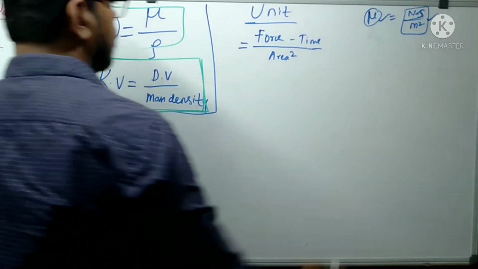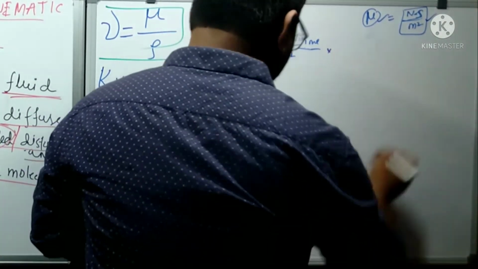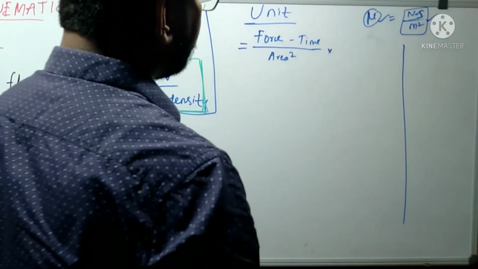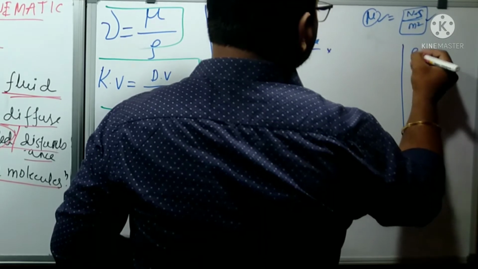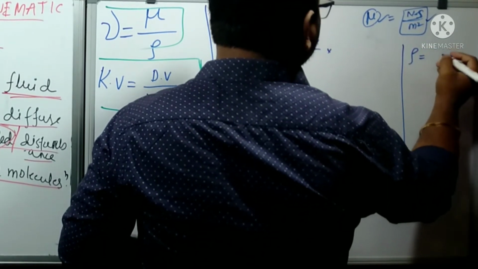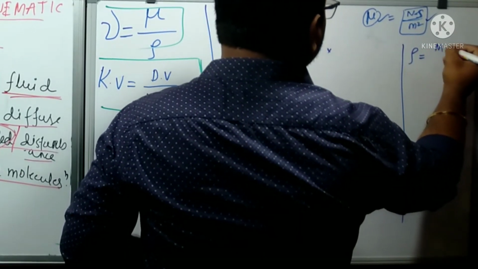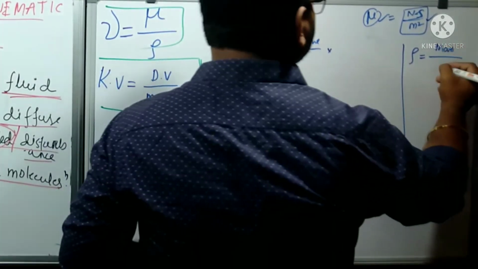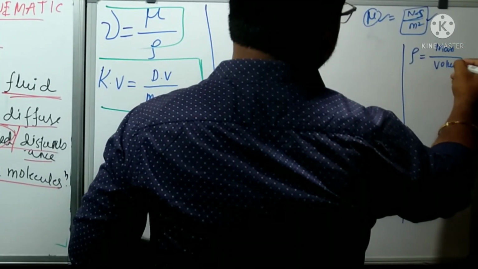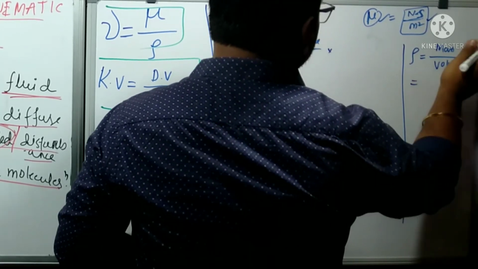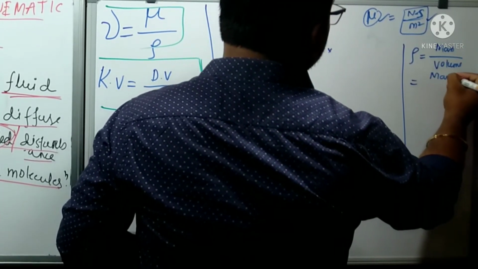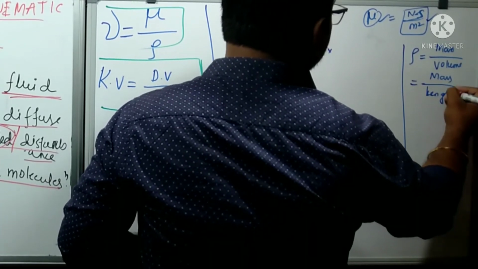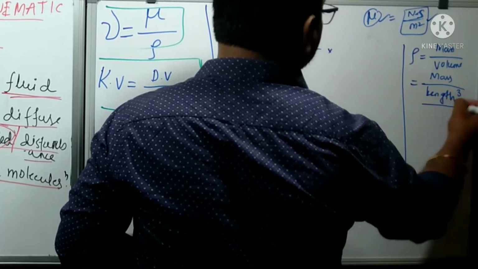And mass density. Look, what is mass density? Density or mass density is known as rho, equal to mass upon volume, and volume is length cube.